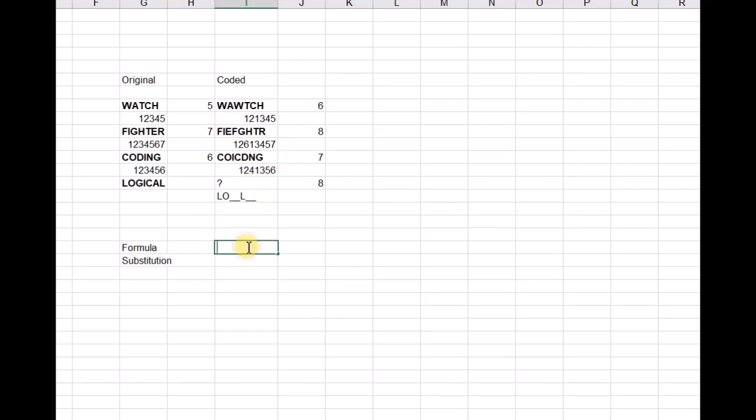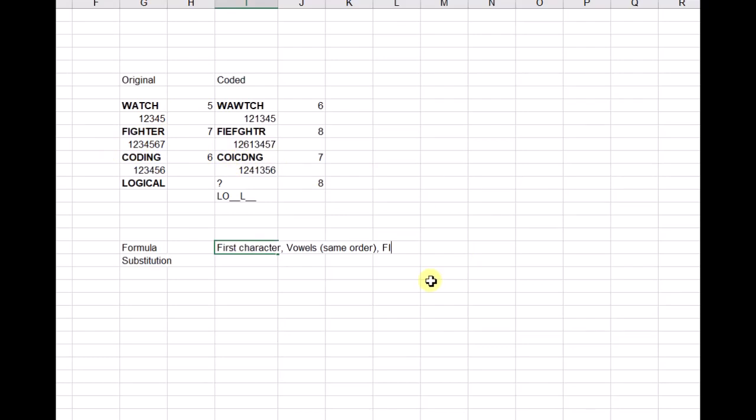So the formula is, it begins with the first character, then you have the vowels. The vowels are in the same order as they occur in the original word, not in alphabetical order.